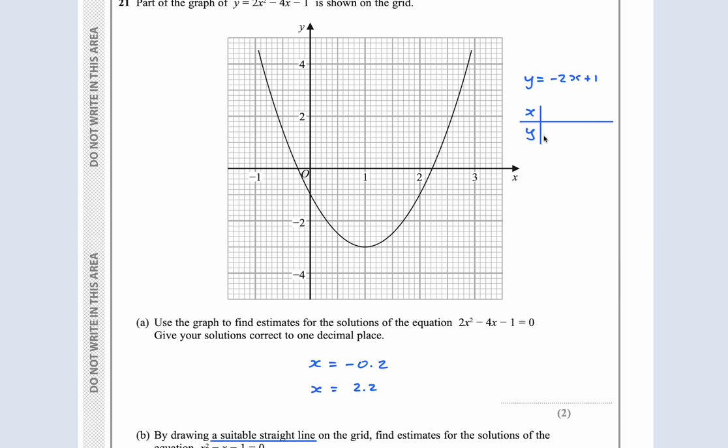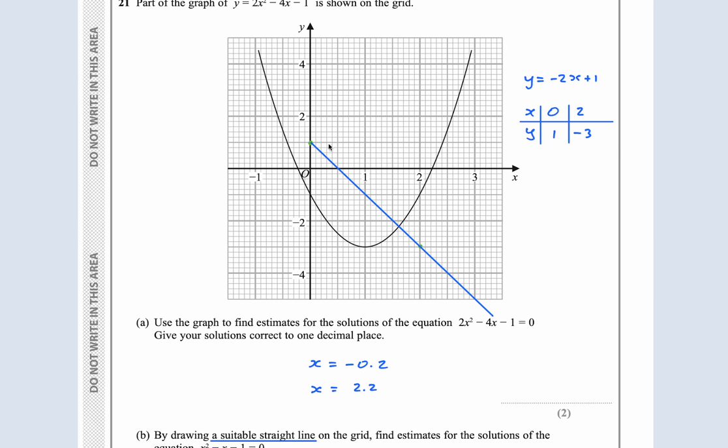I'm going to pick, first easy one is when x is 0, y is 1, and then let's just pick another one when x is 2, y is minus 2 times 2 is minus 4, plus 1 is minus 3. So now I've got my 2 points, 0, 1, that's here, and 2, minus 3, that's here. So then I just draw the line like this.